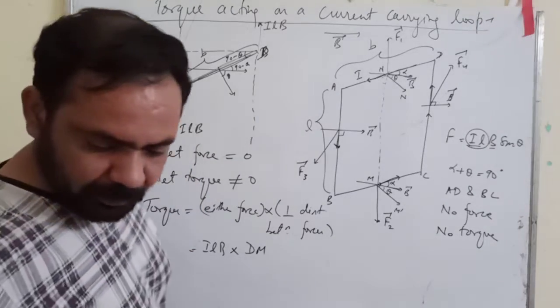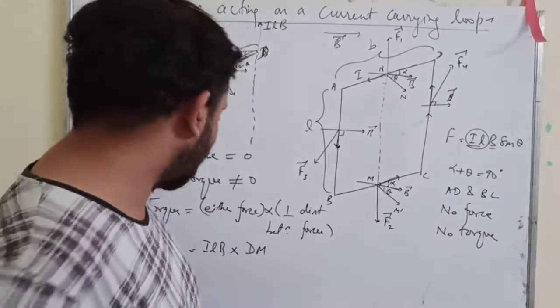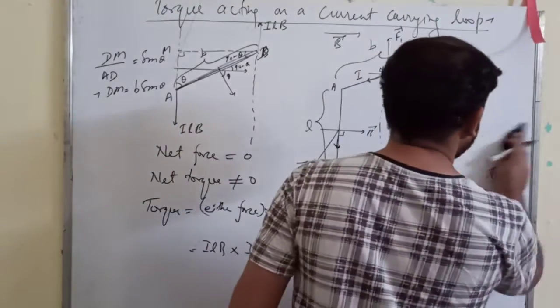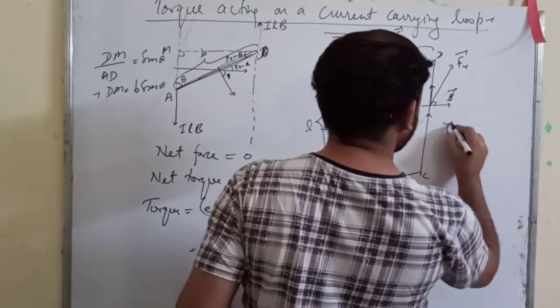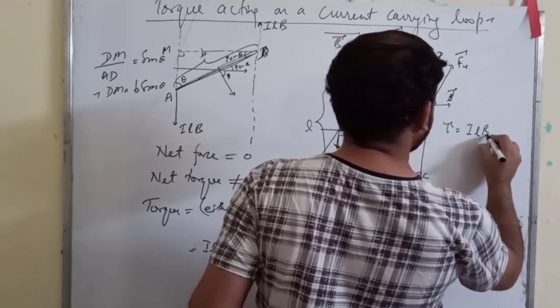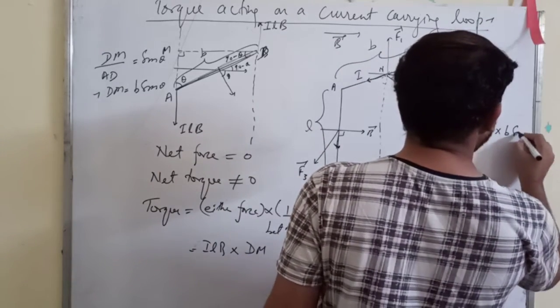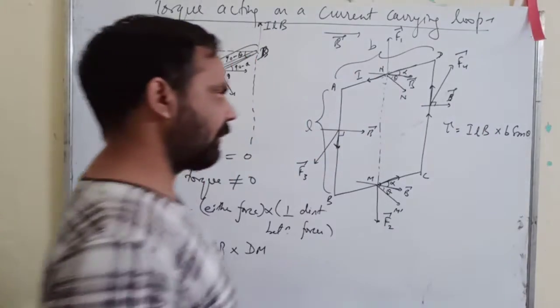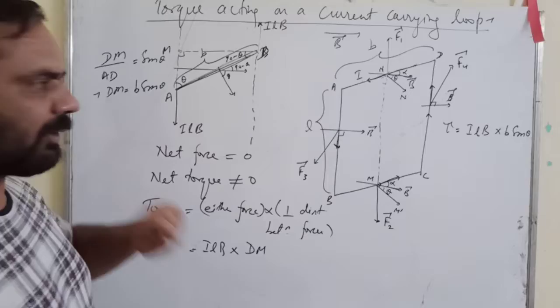So you can write the formula. The formula will change here, and you get torque equals ILB into B sine theta, right? ILB and DM equals B sine theta from this figure.